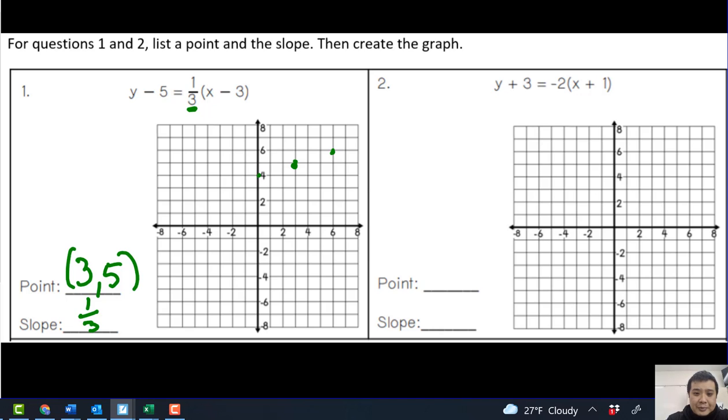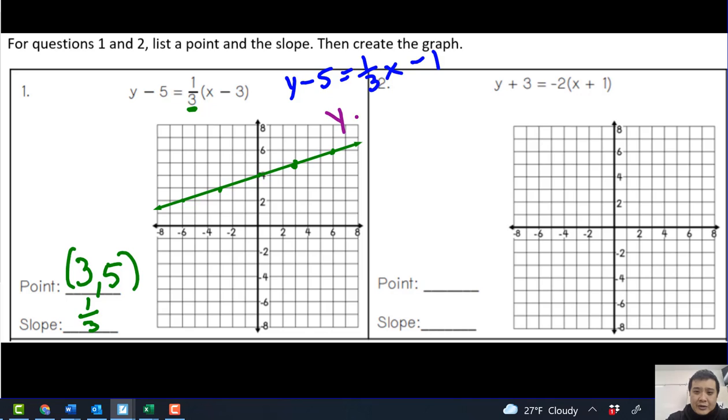And then we're also going to go backwards like this. Okay, which gets us this line right here. And we could also, if we wanted to, convert this into slope-intercept form. That would be y minus 5 equals 1/3 x minus 1, then add 5 to both sides.